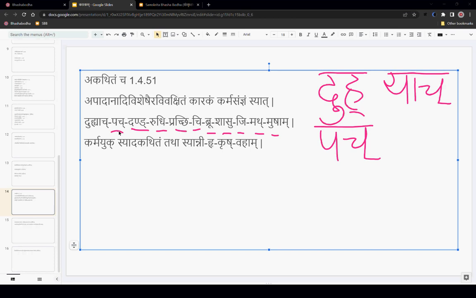If you count, the first one is duh. Let's take some examples here. That would be clear first. We'll start with the pacha dhatu. Pacha is very common. How do we use pacha dhatu?